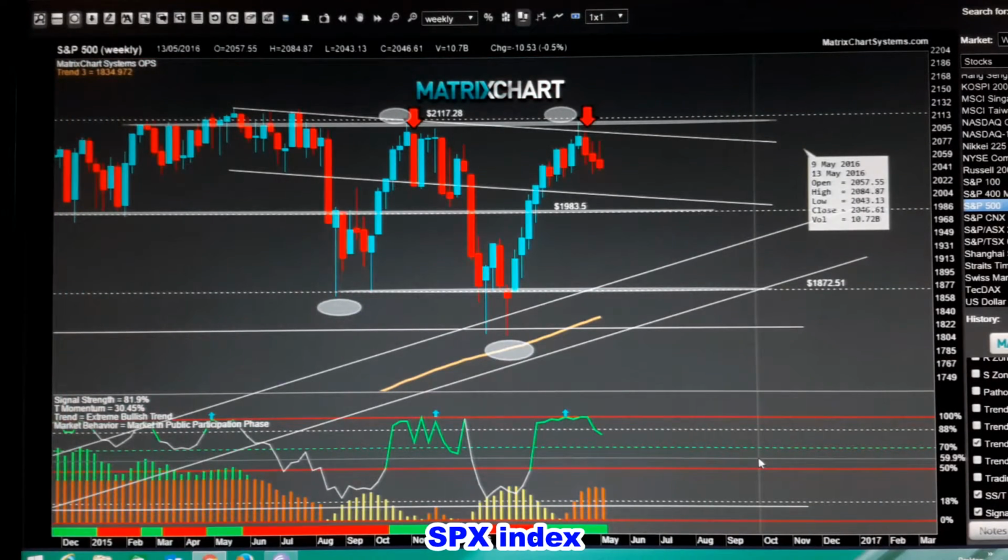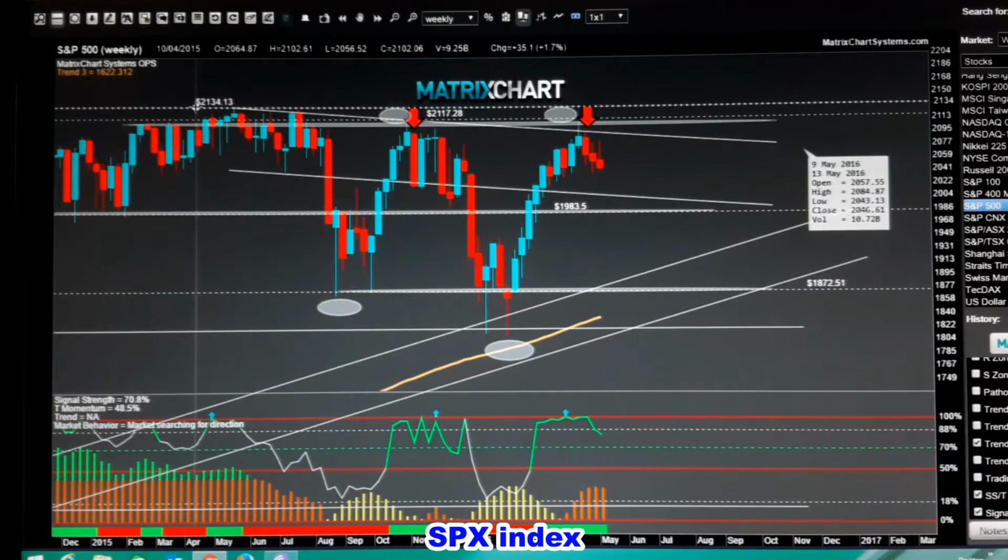Now, looking at the midterm trend, the top is right over here, 2134, and in this trend it has already formed a bearish chart pattern.